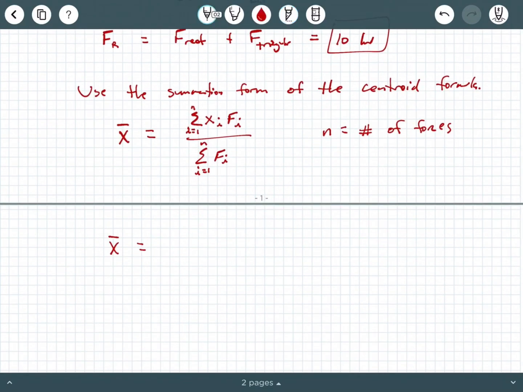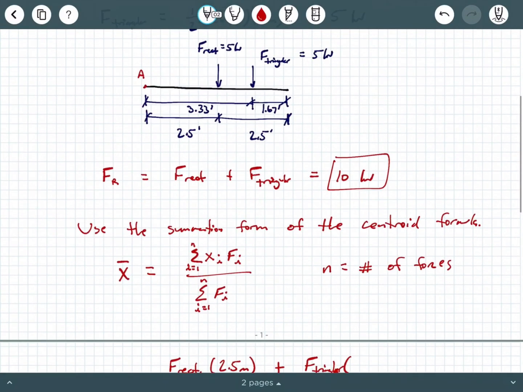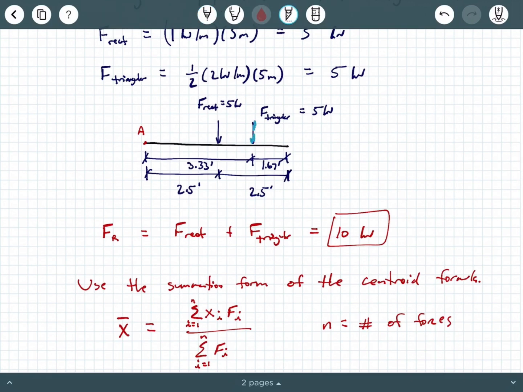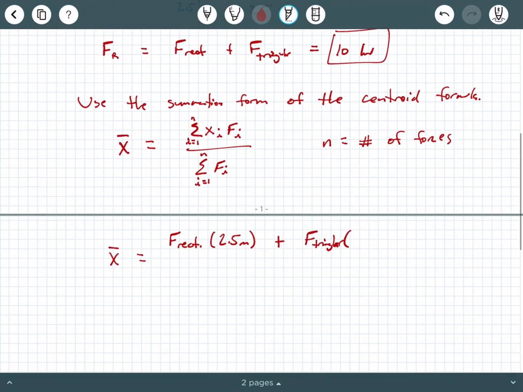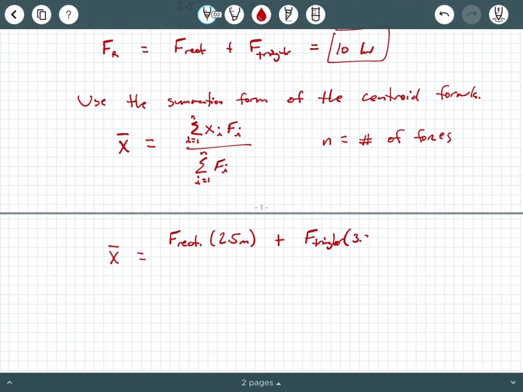So we're going to say F rectangle times 2.5 meters plus F triangle. And what do you think we're going to multiply F triangular by? So we got F triangular times its perpendicular distance to point A, which is the 3.33 meters, and then we're going to divide that by the total resultant force.